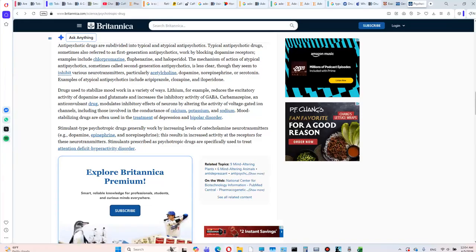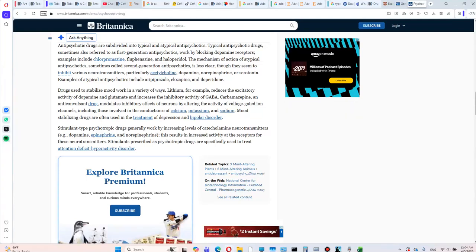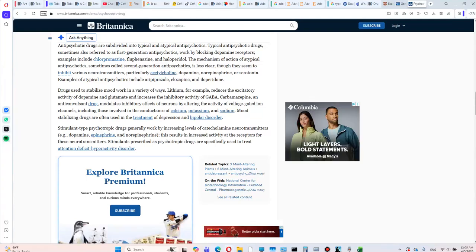Drugs used to stabilize mood work in various ways. Lithium, for example, reduces the excitatory activity of dopamine and glutamate and increases the inhibitory activity of GABA.